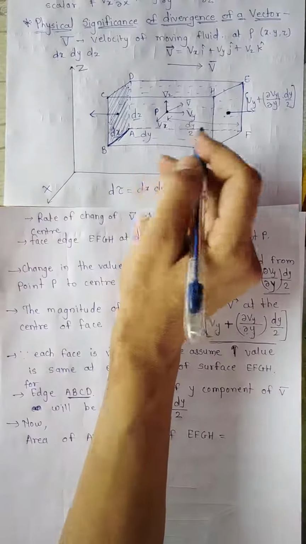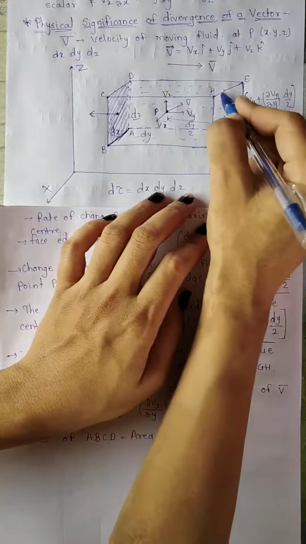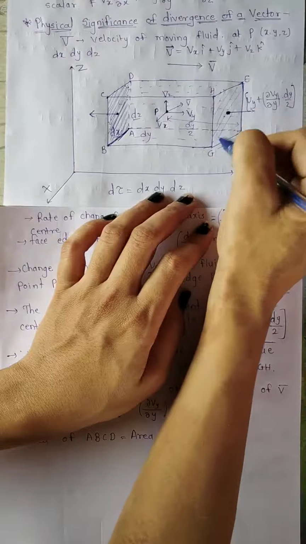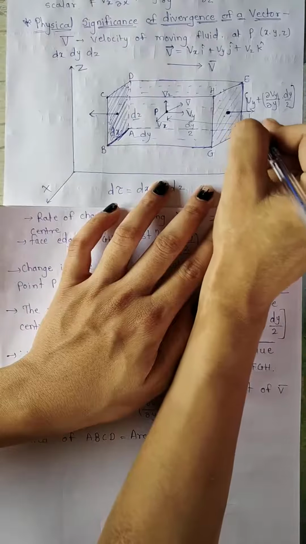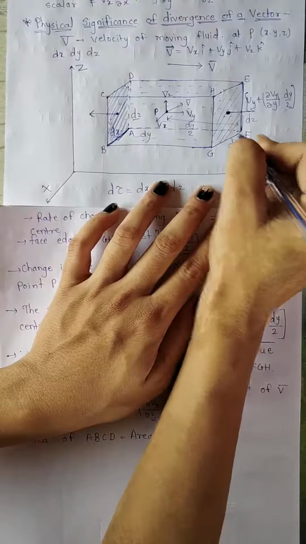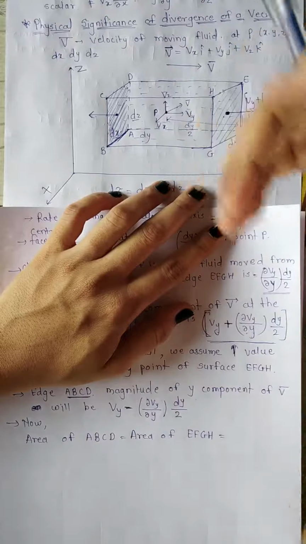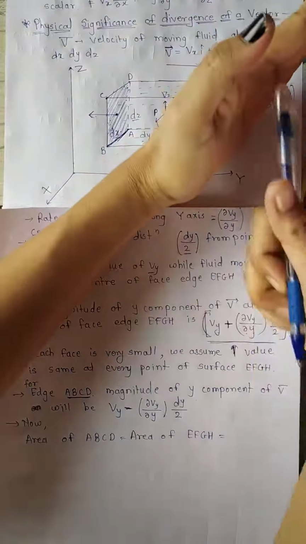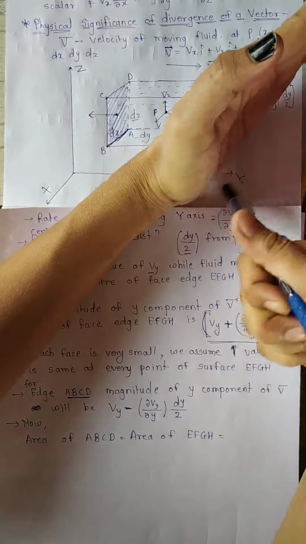There is no y component for this face. Similarly for this face also there is no y component, since you can see here this component is dz and this is dx. So if we consider only this face, there is only dz and dx component.